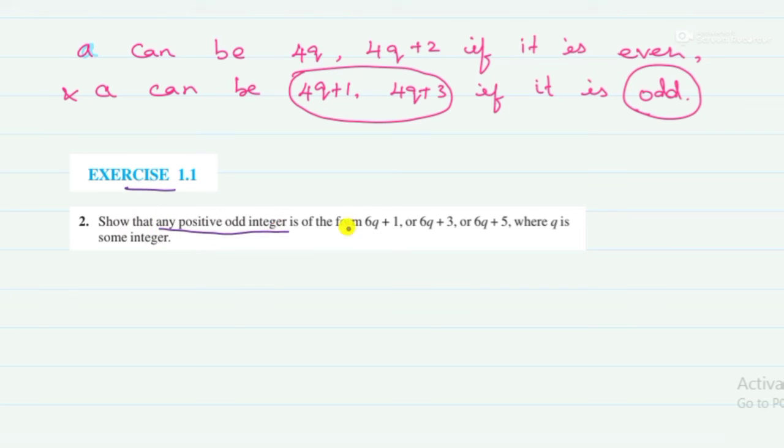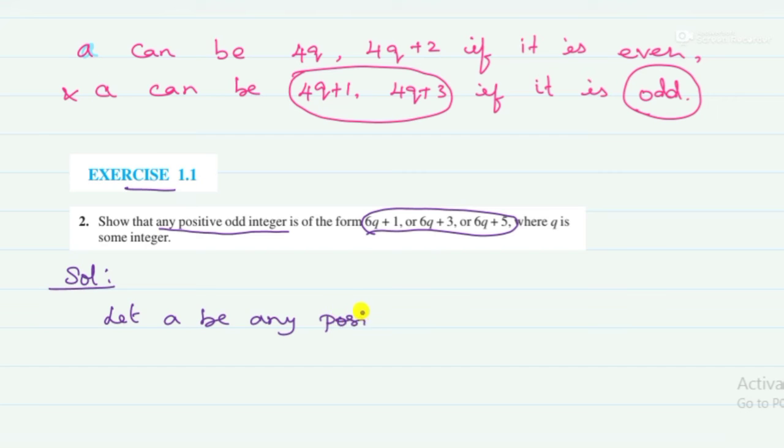Let us solve exercise 1.1 question number 2. Show that any positive odd integer is of the form 6q plus 1 or 6q plus 3 or 6q plus 5. Solution: let us consider a be any positive odd integer, and b, let us take it as 6. b equal to 6.